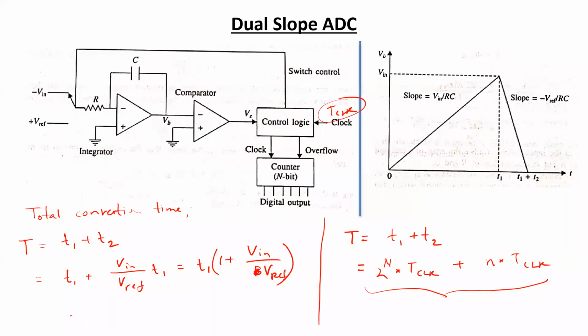But in case of applications which require better accuracy, or where the priority is to obtain a more accurate result, the dual slope ADC can be a very useful and economic choice. For example, for digital voltmeters or multimeters, or different digital weighing scales, the dual slope ADC can be used to convert the analog data into digital form.